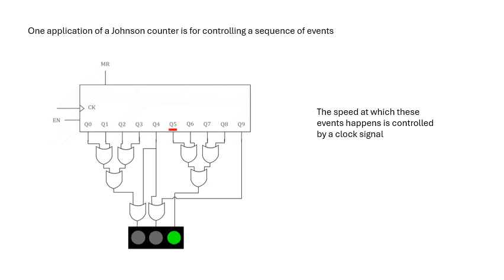Then there's red and amber, then there's a green light, and then the amber, and then back to red, etc. for different amounts of time, depending on how many of these outputs I'm ORing together. And then the speed at which this all happens is controlled by a clock signal, and we can change the frequency of the clock signal in different ways. When we look at astables, you'll see how we can do that.